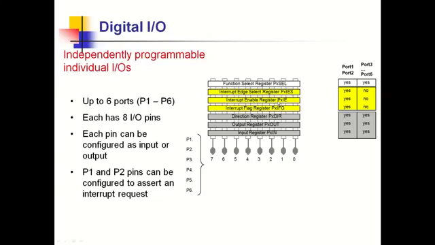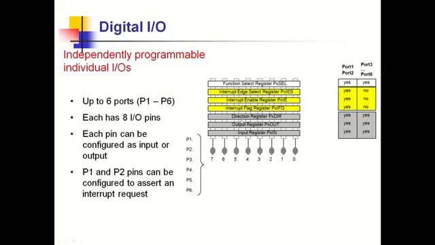Then interrupt enable register, that means, do you want to accept the interrupt, do you want to generate the interrupt, then accordingly you have to enable this register. Then interrupt flag register will set the flag whenever a corresponding interrupt is generated. So this is meant only for port 1 and port 2 of the microcontroller.